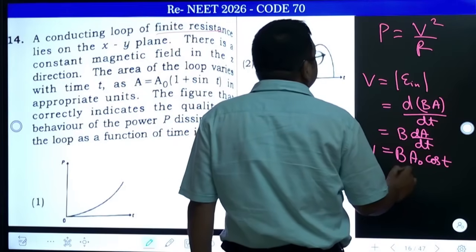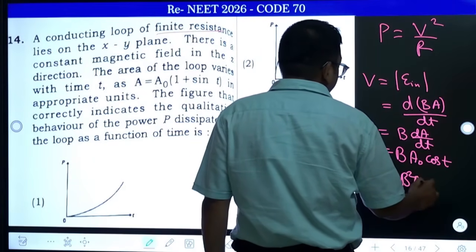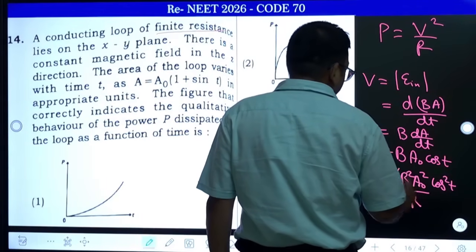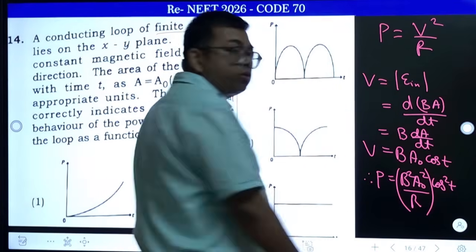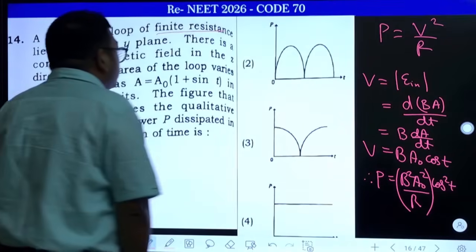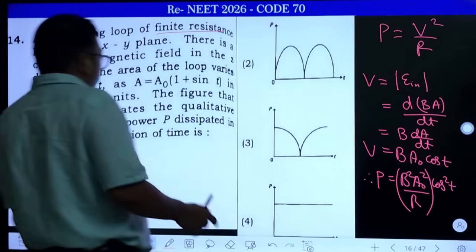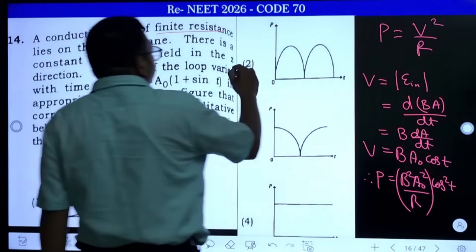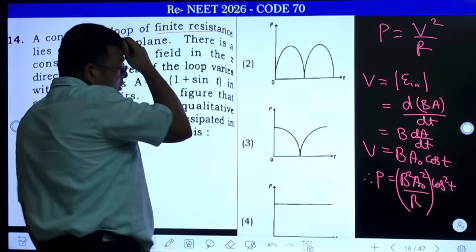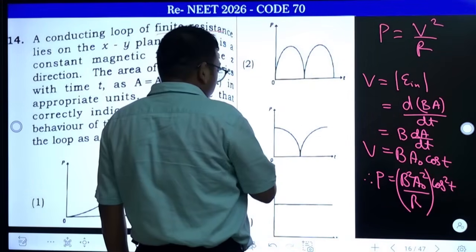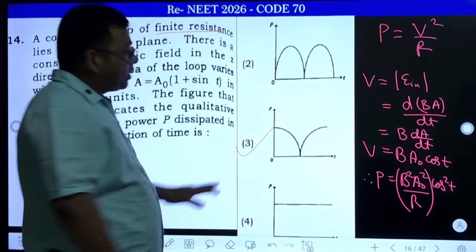So power is equal to B square A naught square cos square t divided by R. So power is proportional to cos square function of time. Which graph gives us this only, right? Cos square function, not sine. This is like sine square, right? Cos square will go like this one. Okay, fine. So that's the answer.